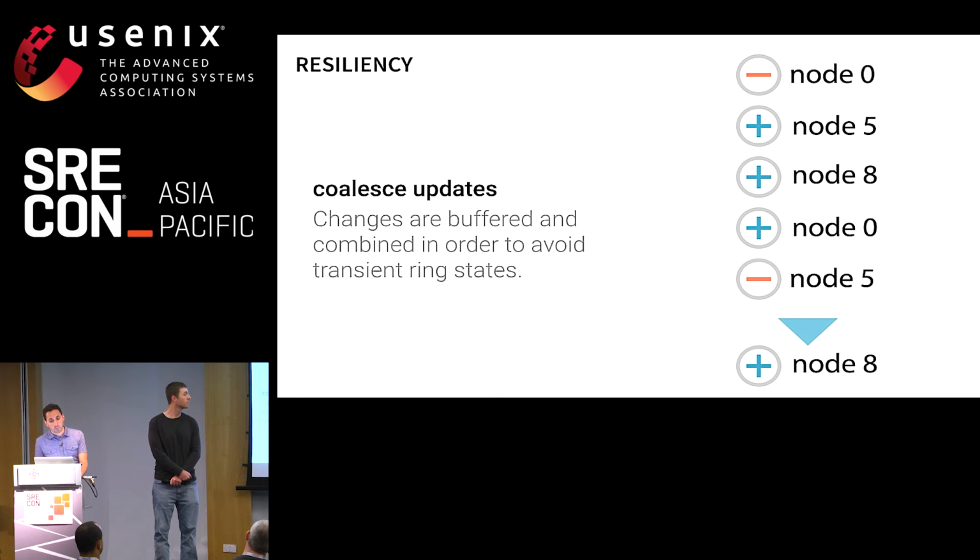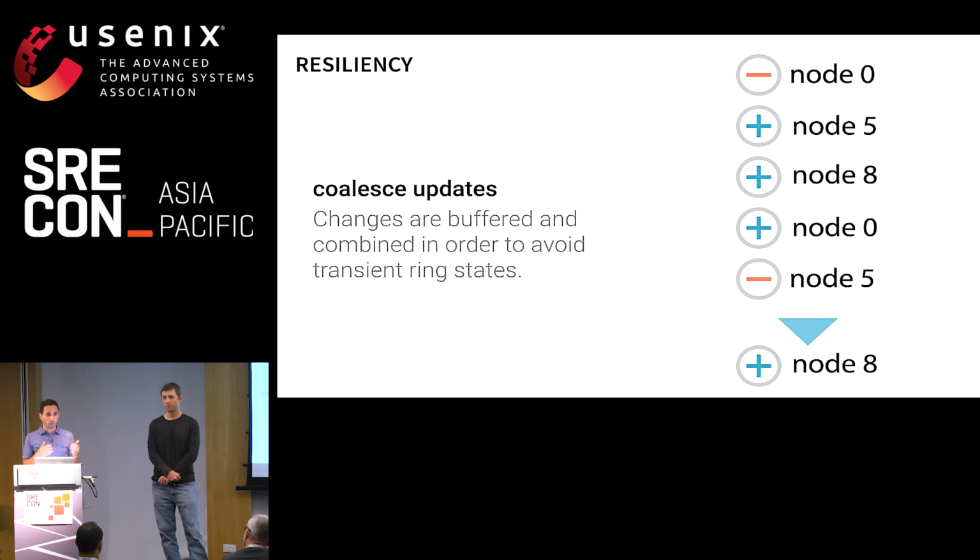Another strategy that we use to minimize disruption is that we coalesce changes to both the destination and the peer ring. On the right-hand side, you'll see these transactions, and some of them can be happening because nodes become transiently unavailable and then they come back, and we actually want to avoid flushing those changes to the ring. Sometimes this can also stem from a flappy service discovery system.